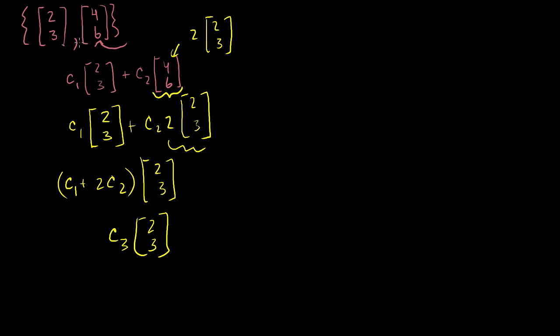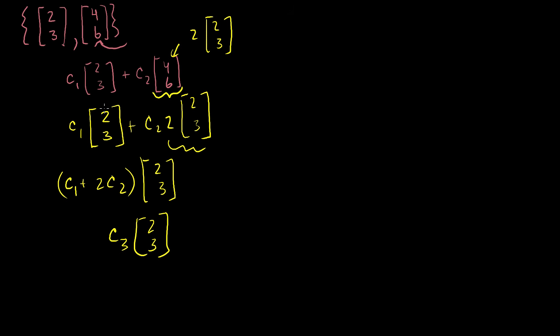So in this situation, even though we started with two vectors, and I said the span of these two vectors is equal to all of the vectors that can be constructed with some linear combination of these, any linear combination of these, if I just use this substitution right here, can be reduced to just a scalar multiple of my first vector.